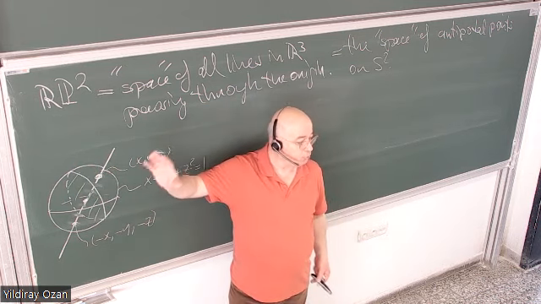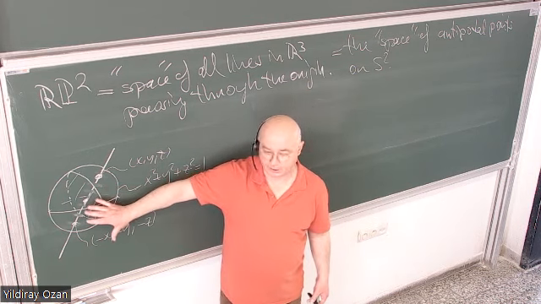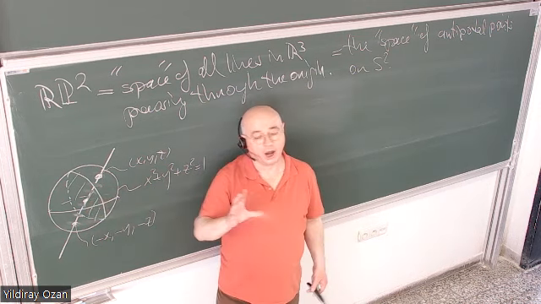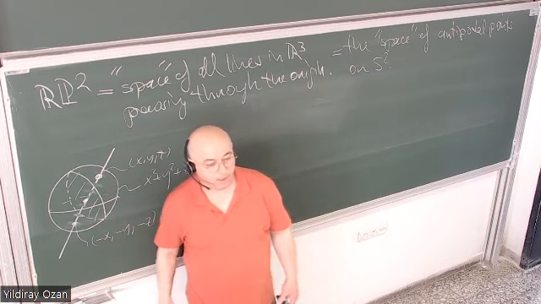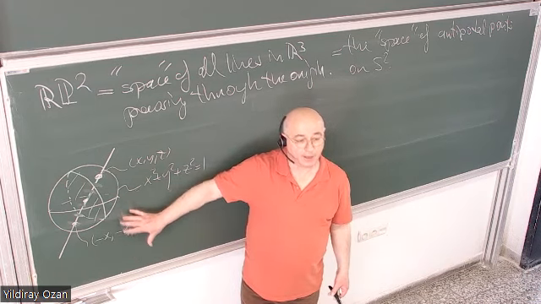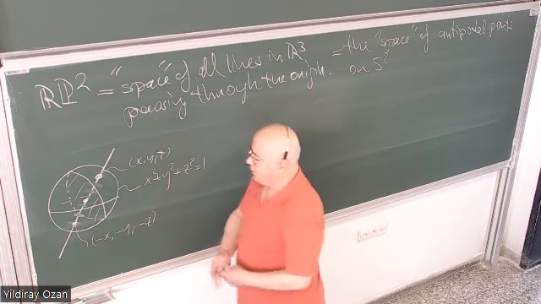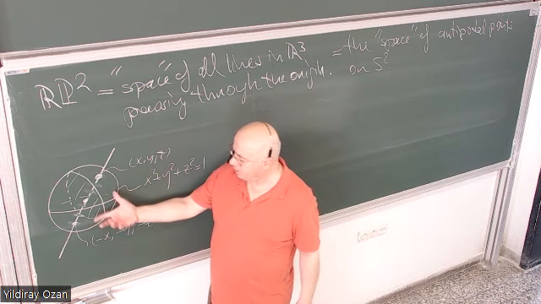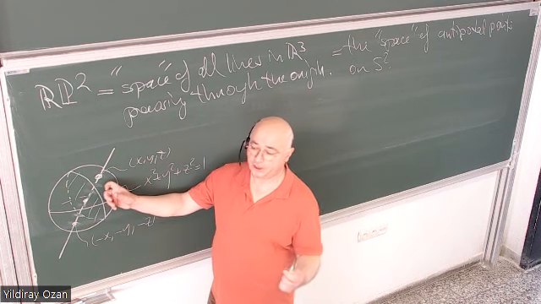So in our usual geometry, lines correspond to great circles here. So on a sphere, our lines are great circles. So you can actually do this kind of geometry. It's called spherical geometry.